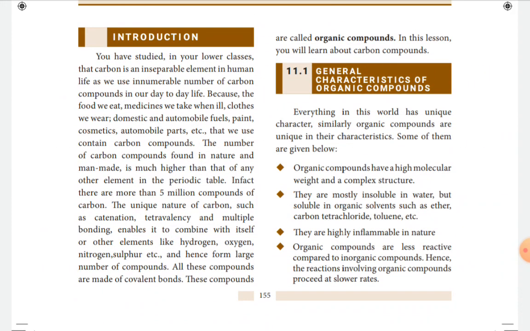So far we have discussed mainly the introduction part, because carbon is a very important element. It plays a very important role in our day-to-day life.